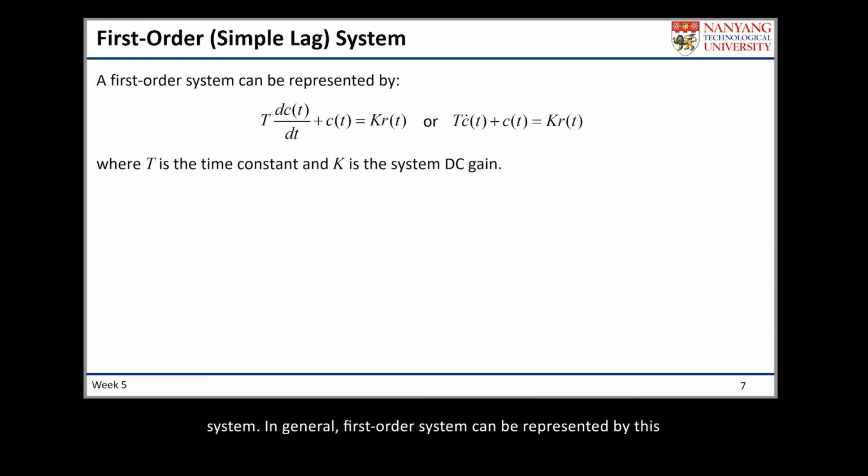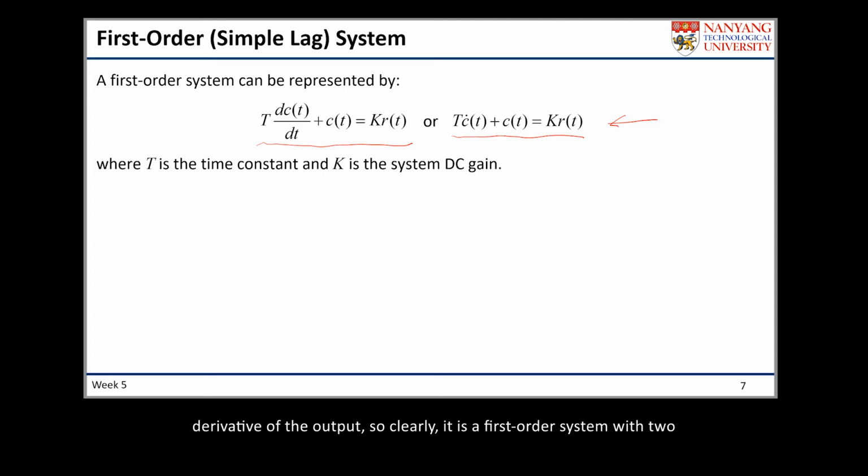In general, a first order system can be represented by this differential equation. Or I can also rewrite this differential equation in this form, where again R is the input to your system, C is the output of your system. In this case, we have 2 parameters here, T and K. If you look again at the differential equation, this equation involves only the first derivative of the output.